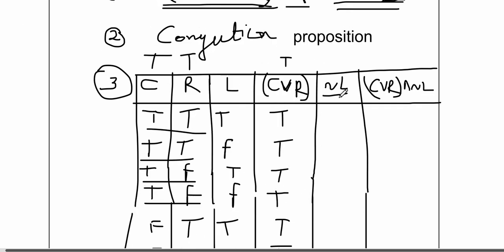Now we have to negate the L. For negation, it is the most simple of them. What you have to do is, this is the L. So if this is true, then this will be false. But if this is false, then this will be true. That is all we need to know for negating the L, that is negating lucky, not lucky.